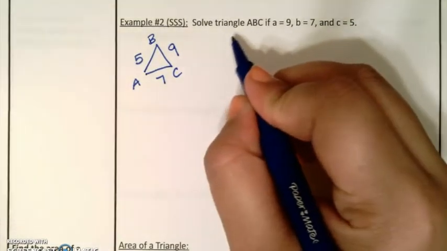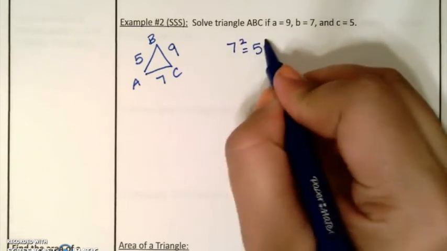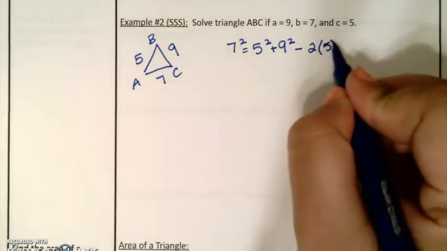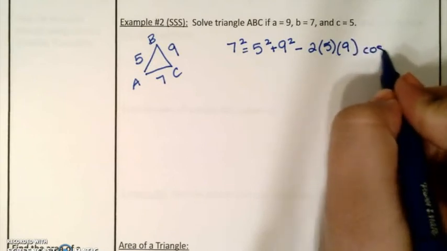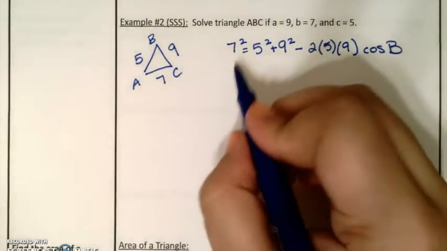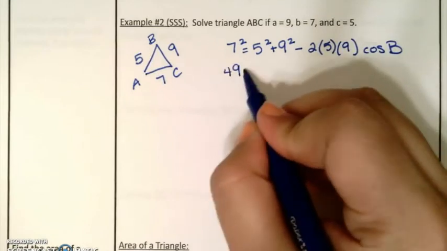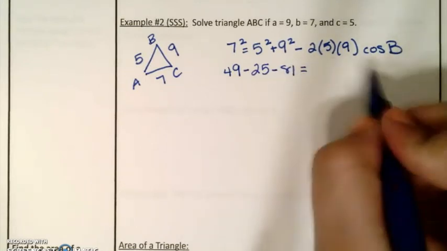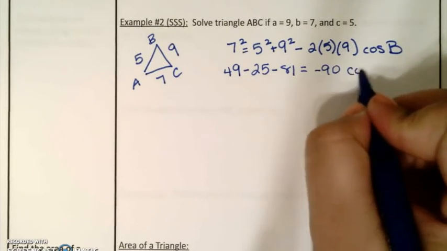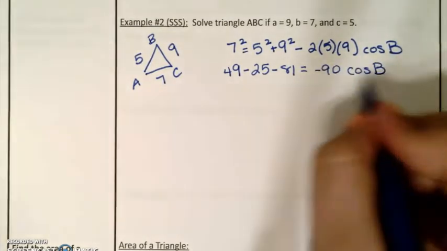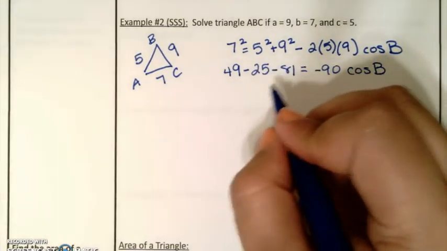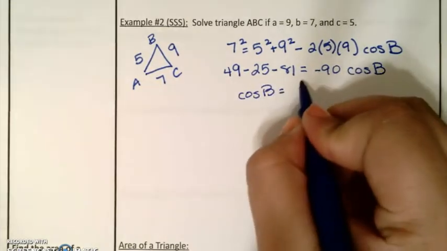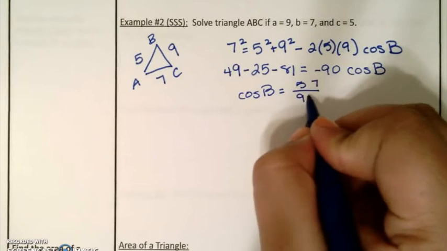And we set up the equation 7 squared equals 5 squared plus 9 squared minus 2 times 5 times 9 times cosine of angle B. So I have 49 minus 25 minus 81 equals negative 90 times cosine of B. Dividing both sides by negative 90 and simplifying the left-hand side, I would find that cosine of angle B equals 57 over 90.